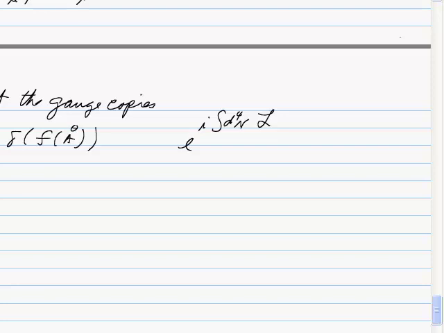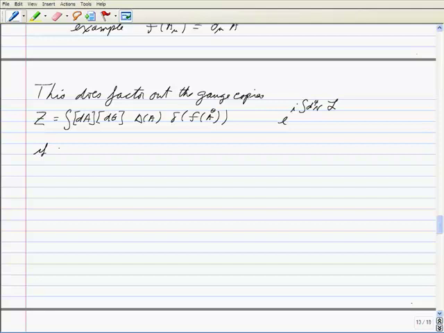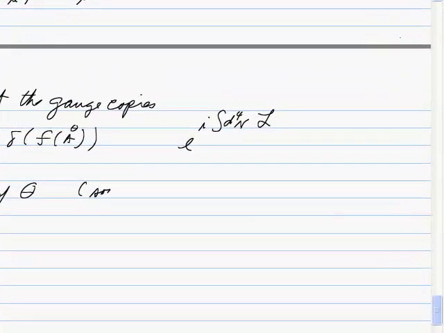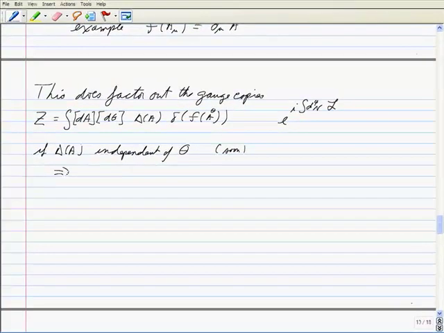Okay, I'll show you that if delta of A is independent of theta, which I'll show you soon, then you can factor out the integral d theta, which, remember, is the gauge transformations.